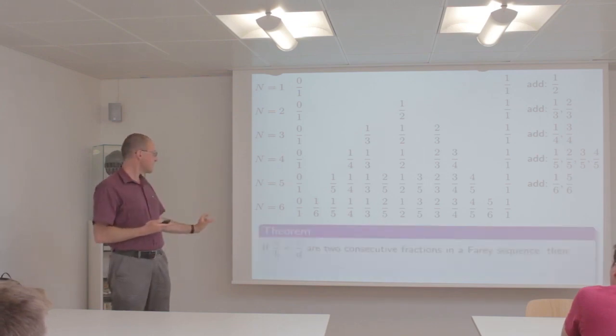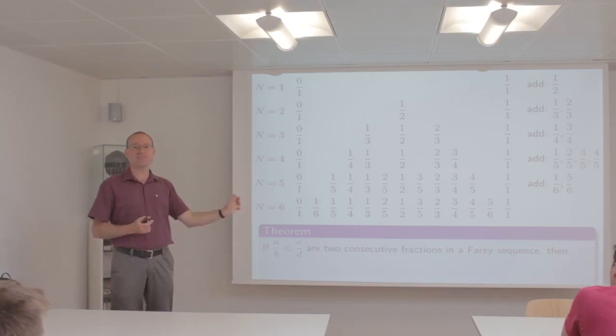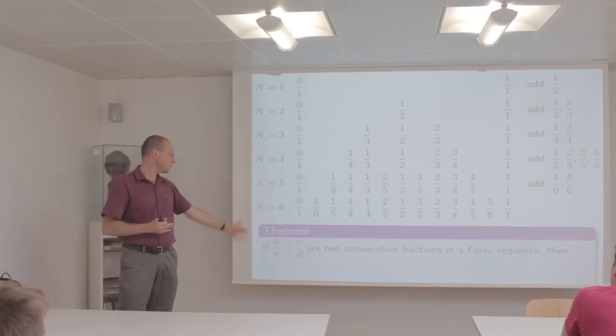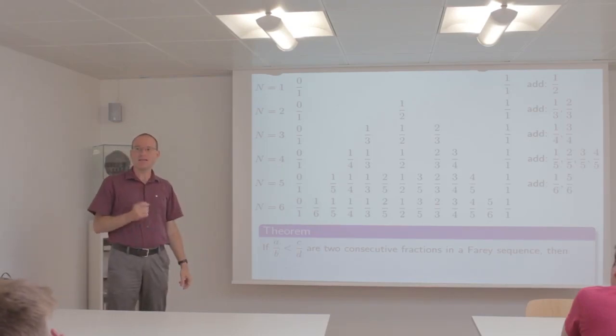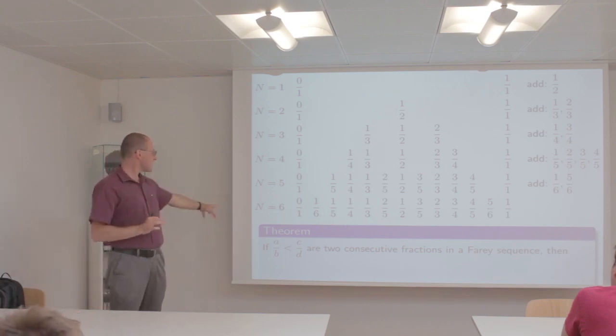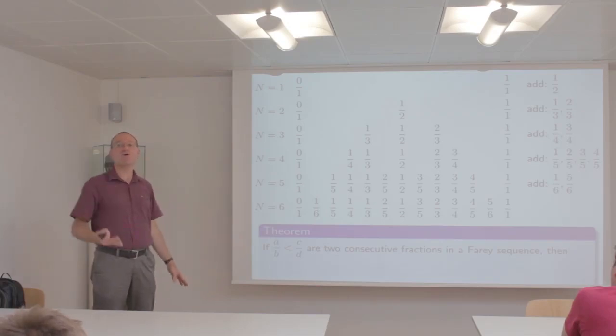The theorem states that if you take two consecutive fractions in a Farey sequence, two fractions right next to each other in the Farey sequence, let's say a over b and c over d, then something very peculiar happens about the numbers a, b, c, and d. They satisfy a certain equality. They're not just random numbers.